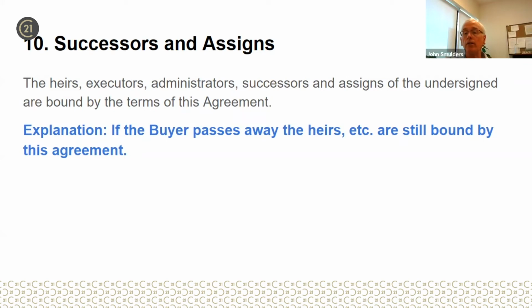There's also a successors and assigns clause in an agreement of purchase and sale that it says if the buyer passes away, the heirs are still bound by this agreement. Oh my goodness, that makes it a little more trickier on that side. This one here, you're just letting them go from the buyer representation agreement. That's not so bad, but in an agreement of purchase and sale, it's a much trickier thing.